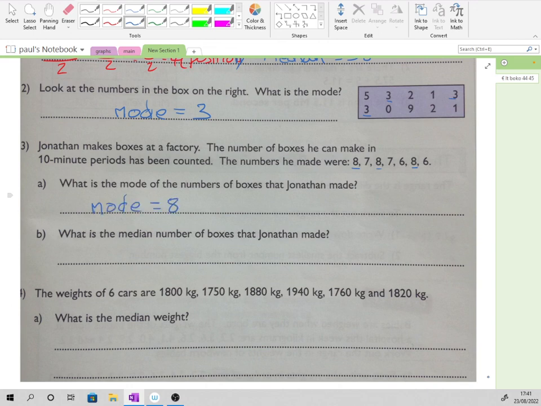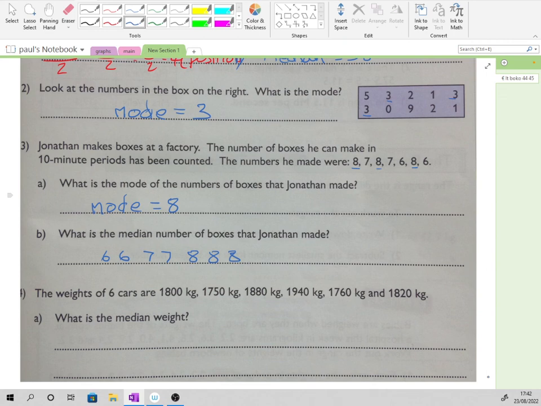And what's the median? So we'll put them in order. We've got a 6 and a 6, then 2 7s, and then we've got 3 8s. So 7 numbers. 1, 2, 3, 4, 5, 6, 7.